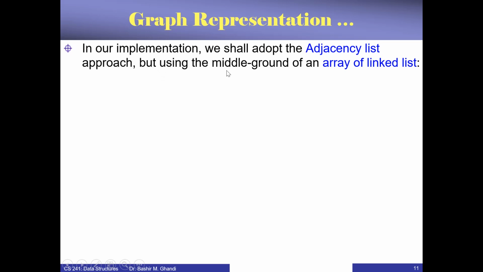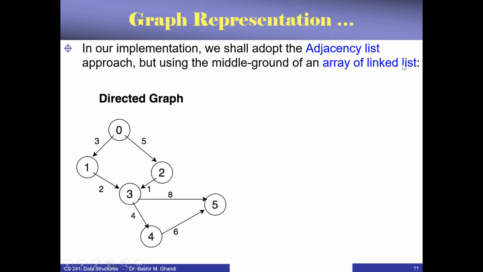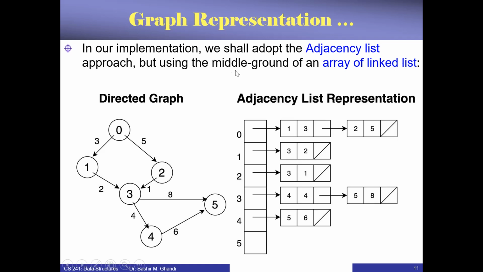However, we shall take the middle ground of not using completely array, so we don't use 2D array, and also not using completely linked lists, so we're not going to use linked list of linked list. Rather, we're going to use array of linked list, as you can see in this example.